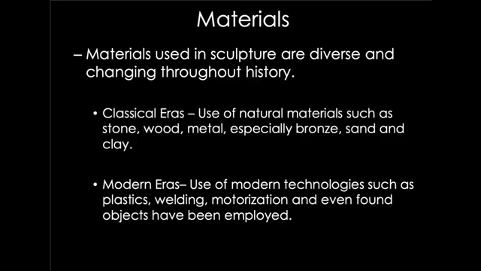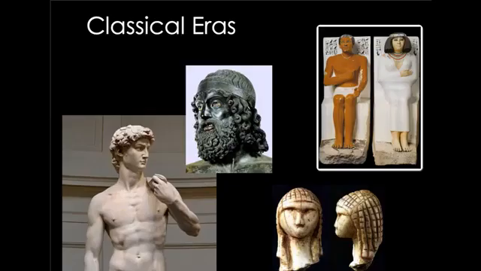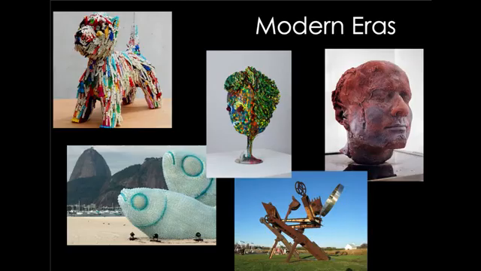So here are some images from the classical era, and these are sculptures created during those times using things like marble, bronze, ivory, and even plasters. The modern era opens up many more opportunities to use different materials. So we have things that are made from found objects, metals that are welded together.